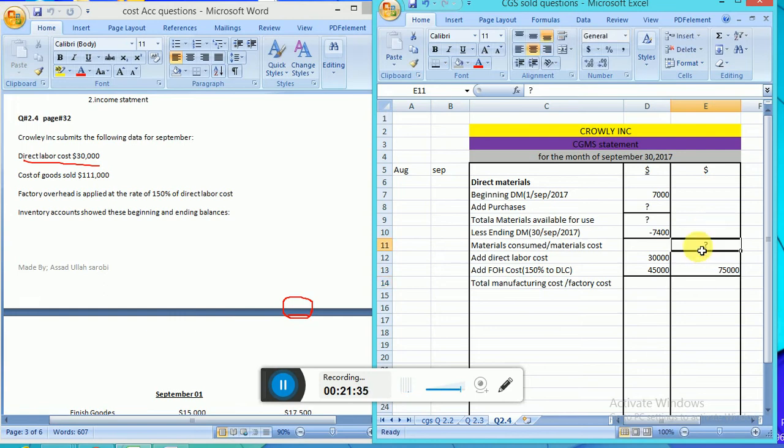But here, if we look, material cost is unknown. The sum of the direct labor and factory overhead cost is 75,000, but material cost is unknown. And when it is unknown, unknown plus 75,000, our total manufacturing cost will also be unknown. Why? Unknown plus 75,000 is still unknown.